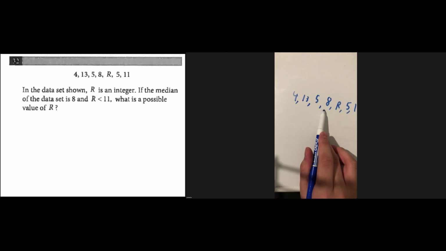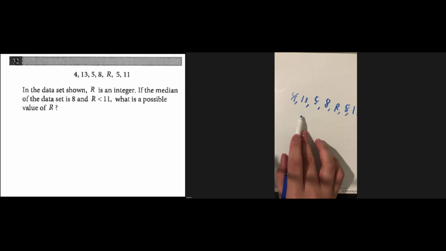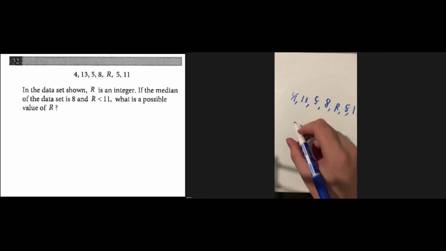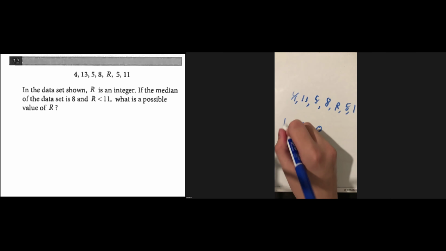So for 3 numbers less than 8, we have 5, 4, and 5. So that means the rest of the numbers have to be greater than 8. So R has to be greater than 8, and we're told that R is less than 11. So R is greater than 8, but less than 11.